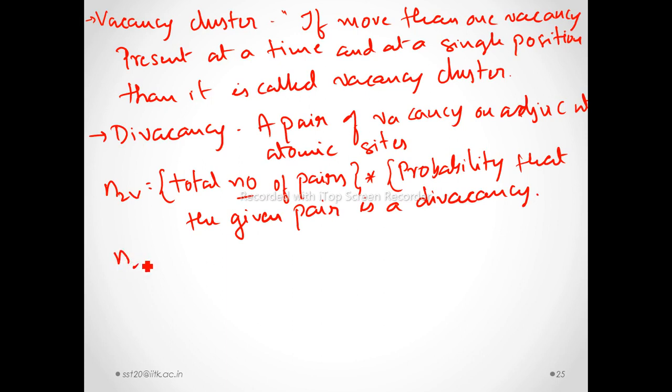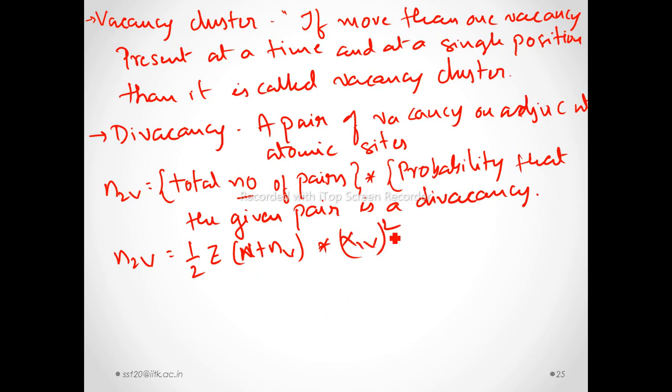Then we have 1 by 2 such N, capital N plus n_v, into the probability, which is given with the help of the equilibrium concentration of monovacancies.